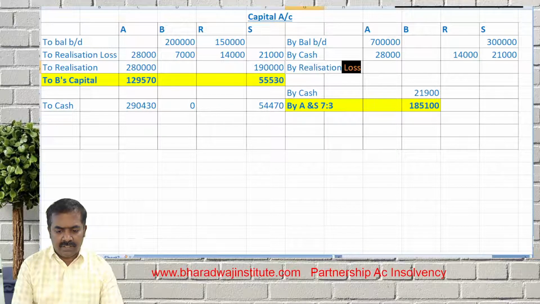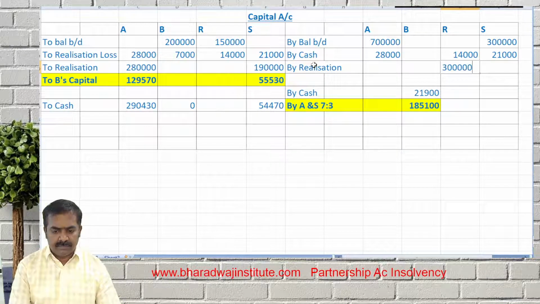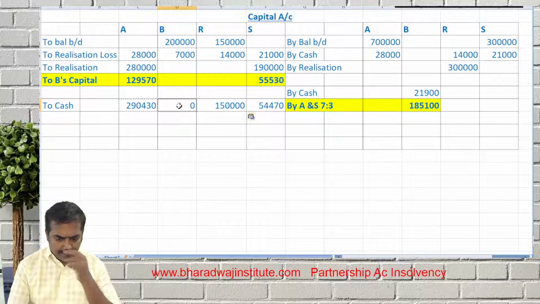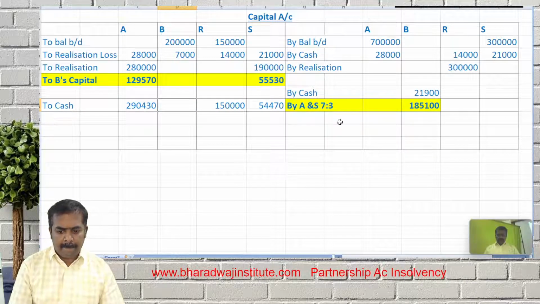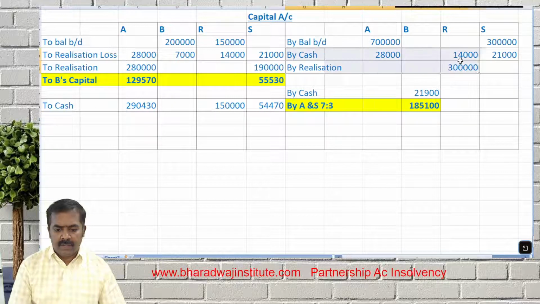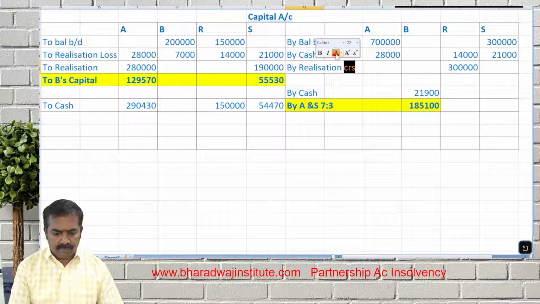By realization, how much have we paid? By realization, the creditors paid. This is for the assets taken over.